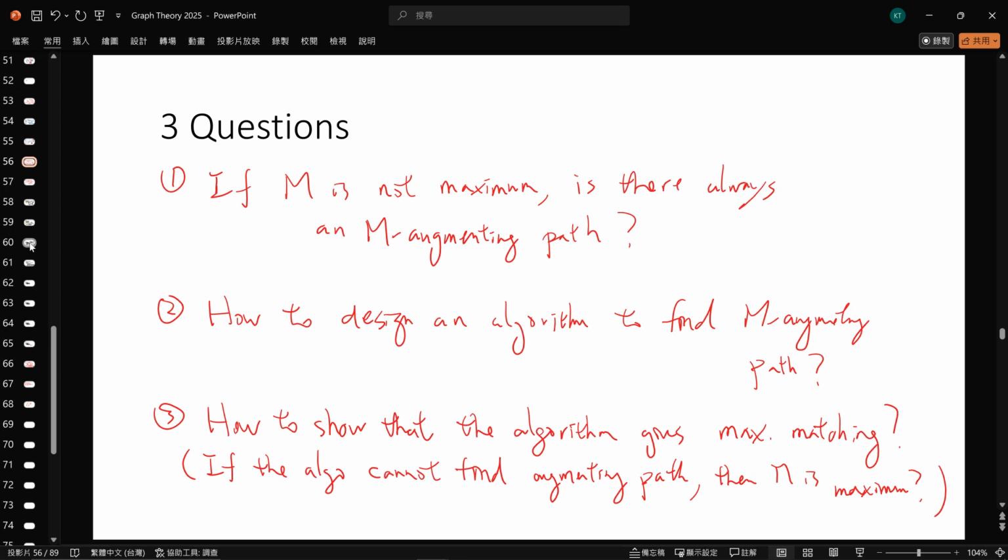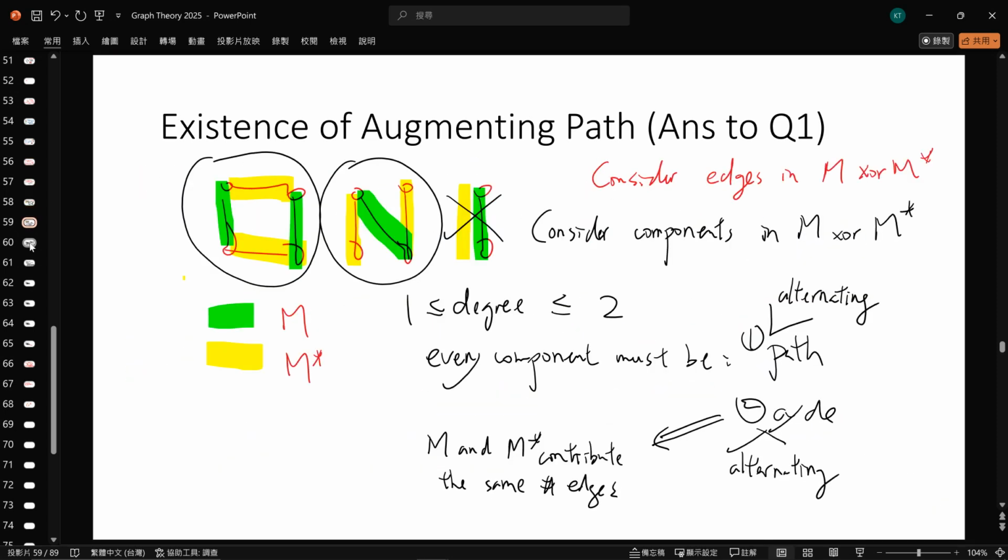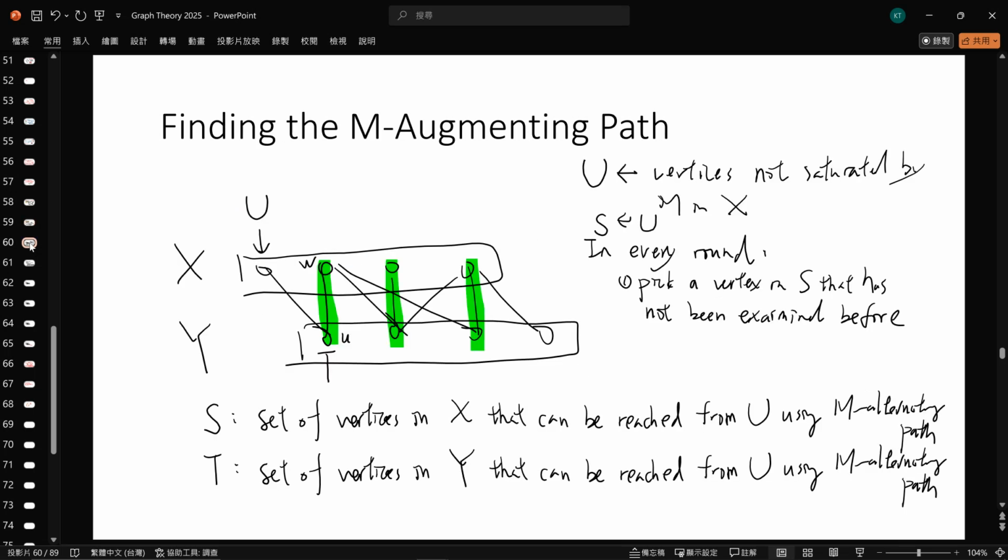All right, so the second question is to find it. If we know that there must be some augmenting path, we want to have an algorithm to output the augmenting path. The algorithm we have gradually extends M-alternating paths.